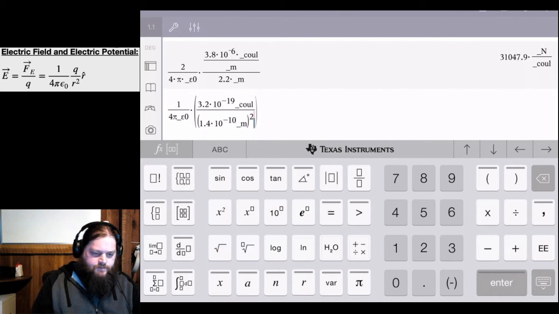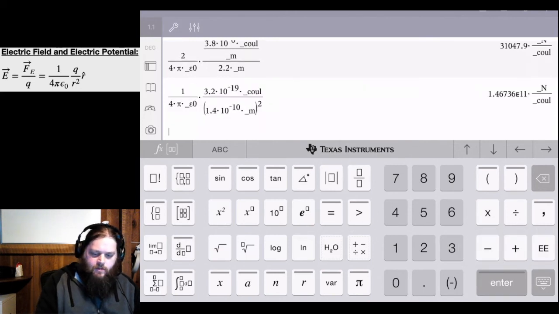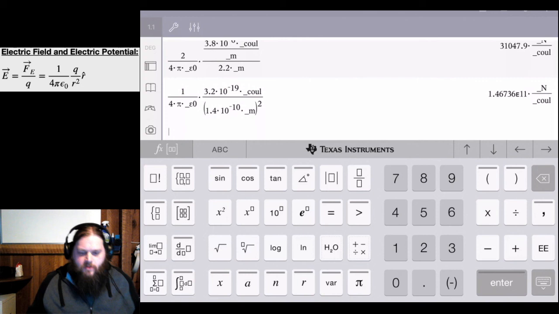Boom. Okay, so I have k, which is 1 over 4 pi epsilon naught, times 3.2 times 10 to the negative 19 coulombs, divided by 1.4 times 10 to the negative 10 meters, all squared at the bottom, is equal to 1.467 times 10 to the 11 Newtons per coulomb.